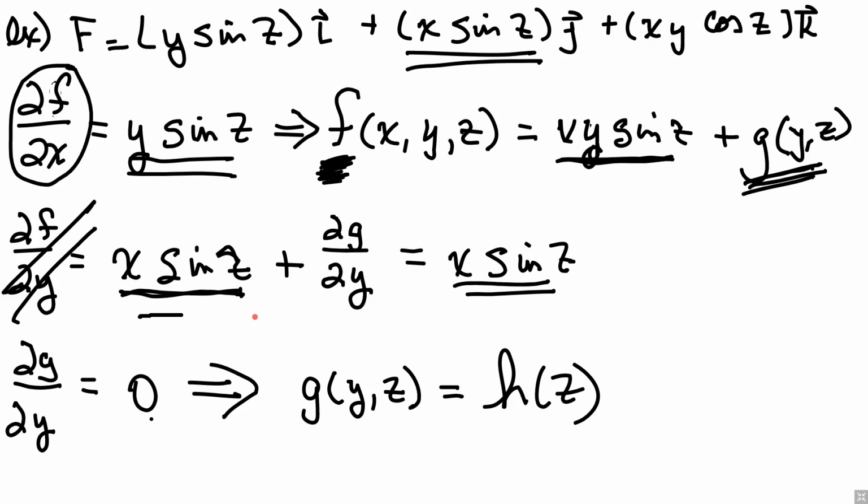I'm solving this equation right here, so I can subtract x sine z from both sides. That's why I get that the partial of g in respect to y is equal to 0. Are you okay to there? Yes, I understood it now. Okay. Sorry about that. Thank you. No problem.